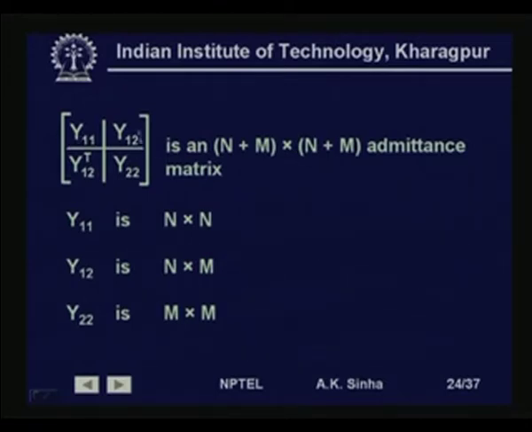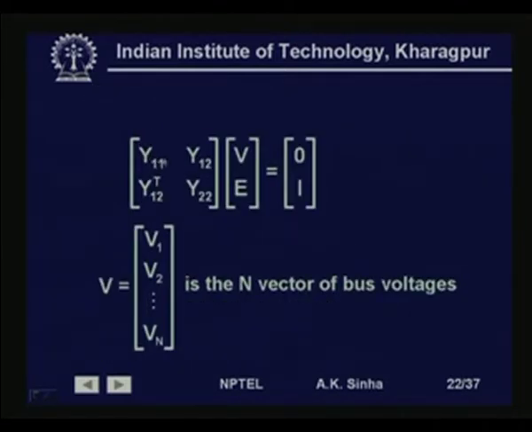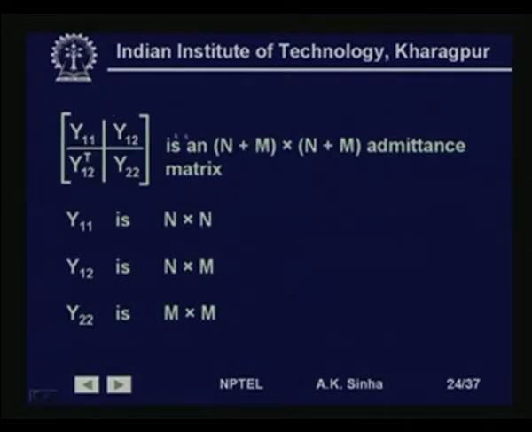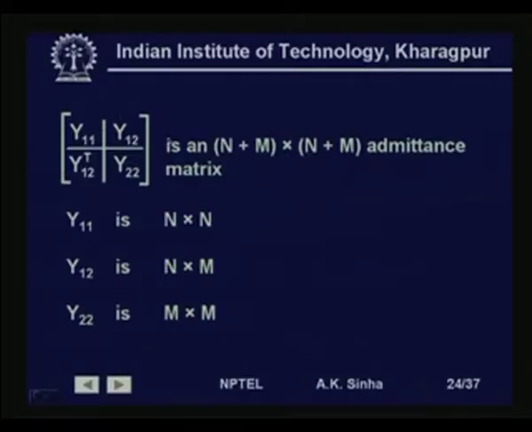Now, this Y is divided into 4 parts as we have seen here, Y11, Y12, Y12 transpose and Y22. This is n plus m by n plus m admittances, because we have an n bus network and we have m generators. So, we have now an n plus m bus system, and therefore, the bus admittance matrix is an n plus m by n plus m matrix.